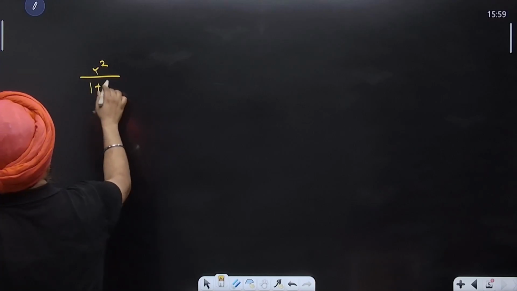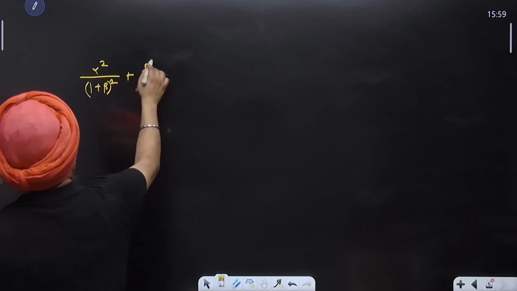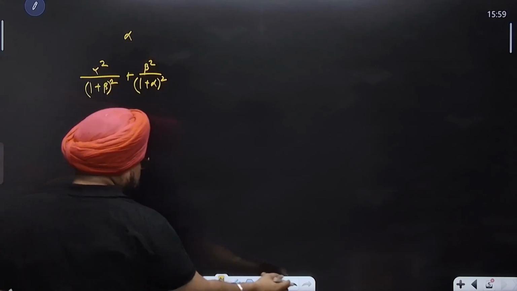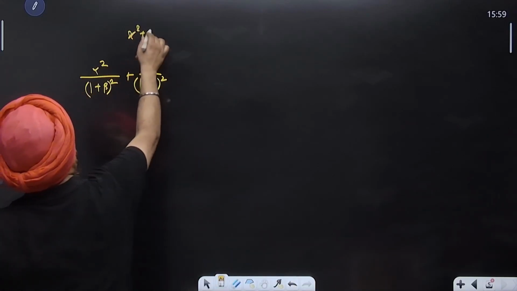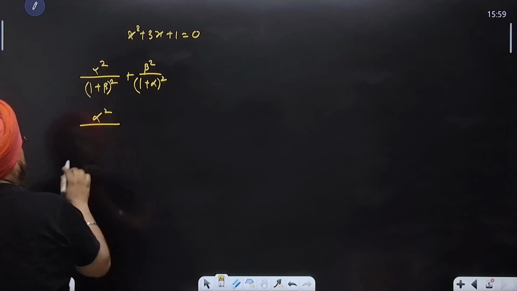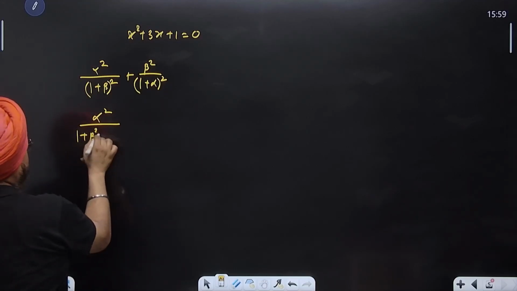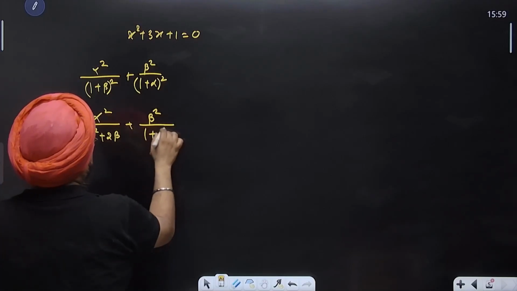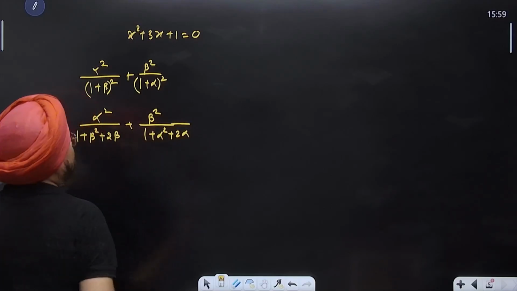Alpha upon 1 plus beta whole square, alpha square upon 1 plus beta square upon 1 plus alpha. The equation given was x square plus 3x plus 1. So this is 1 plus beta square plus 2 beta, 1 plus alpha square plus 2 alpha.